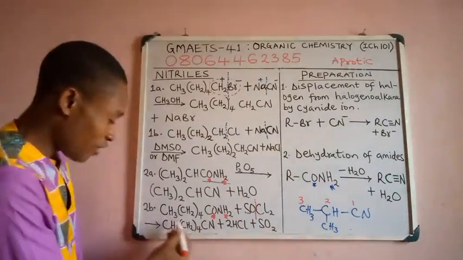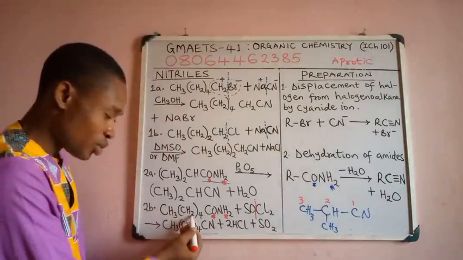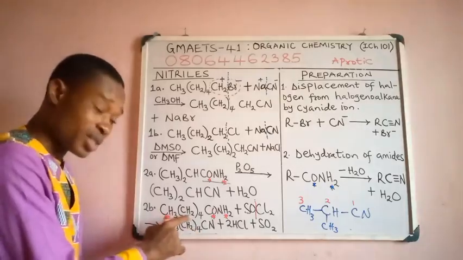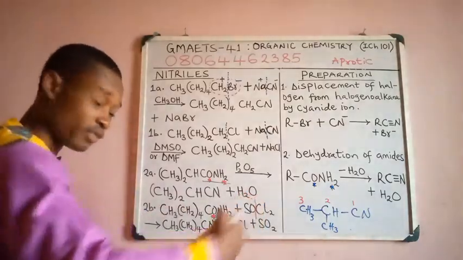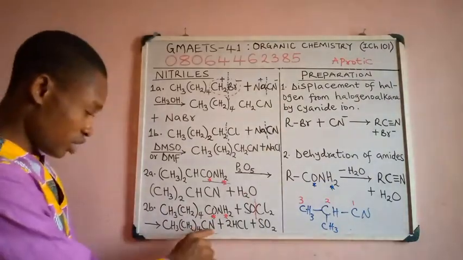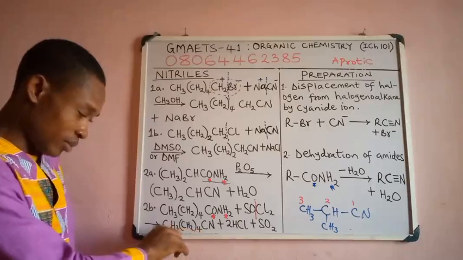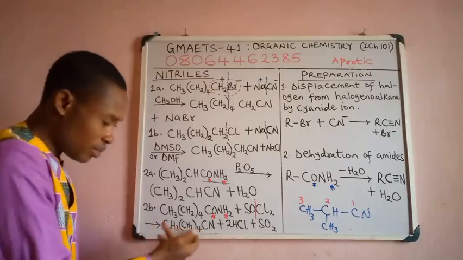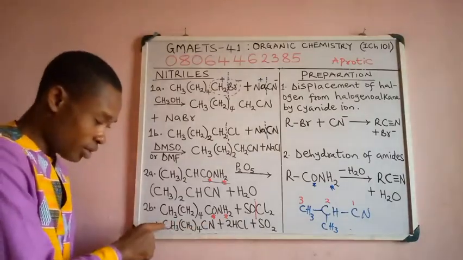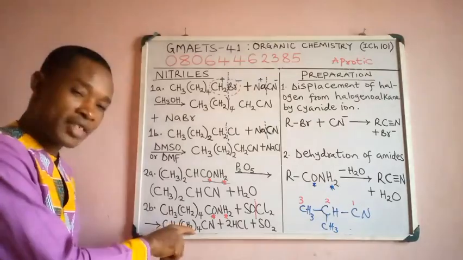You will see that we'll be left with CH3, CH2 in bracket 4. This is not an attachment. This is not CH3, it's CH2, so it's a continuation of the chain. Then CN will be left, which is what we have here. And of course, if we try to name this nitrile, let's look at it. 1 carbon added to 4 carbons, that is 5.